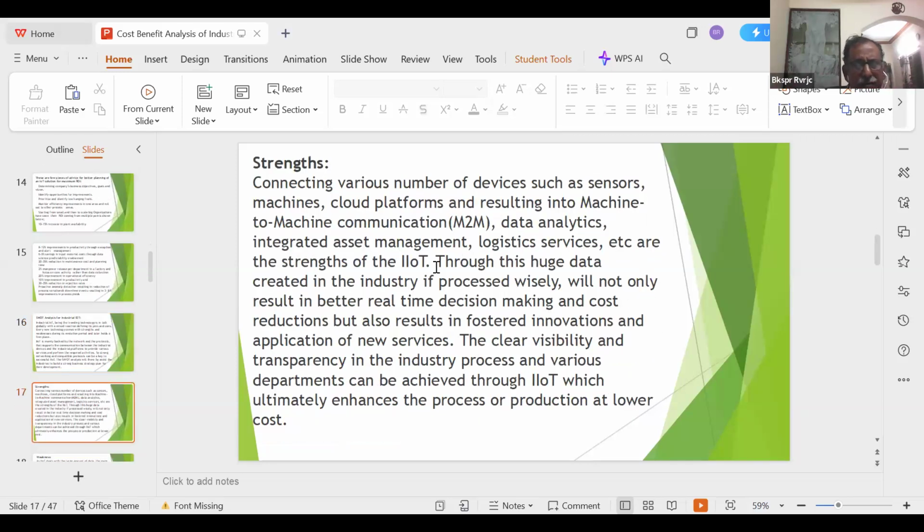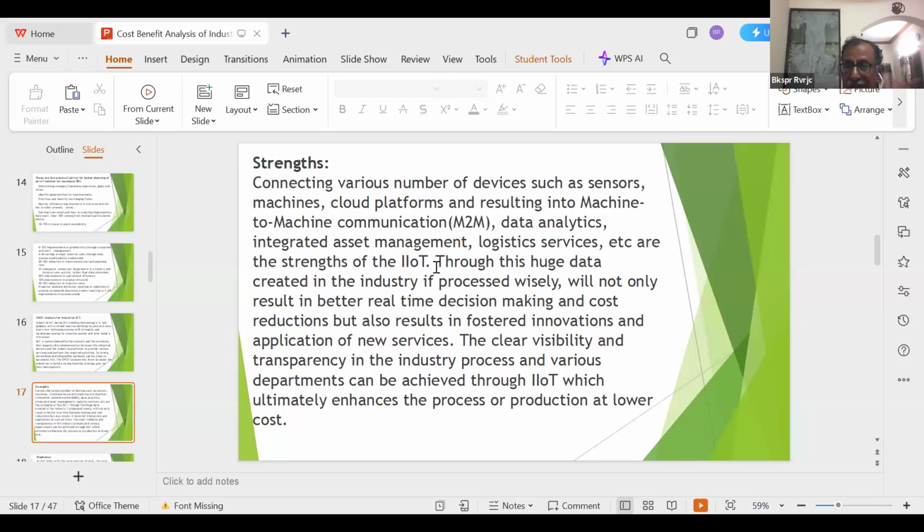The first part of SWOT analysis: strengths of IIoT. Connecting various numbers of devices such as sensors, machines, and cloud platforms, resulting in machine-to-machine communication, M2M, data analytics, integrated asset management, logistics services, etc., are the strengths of IIoT.